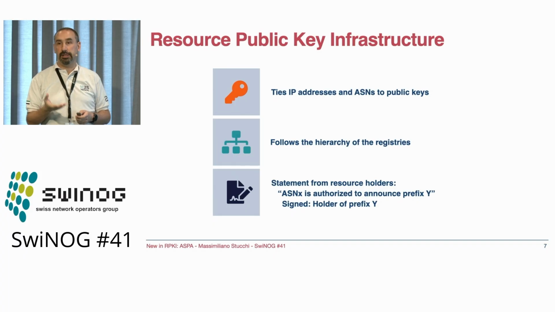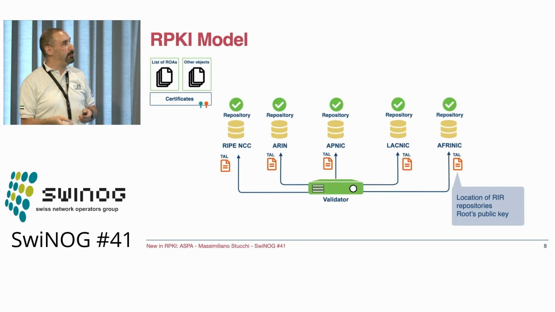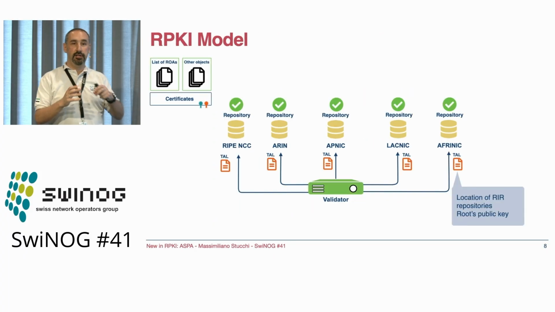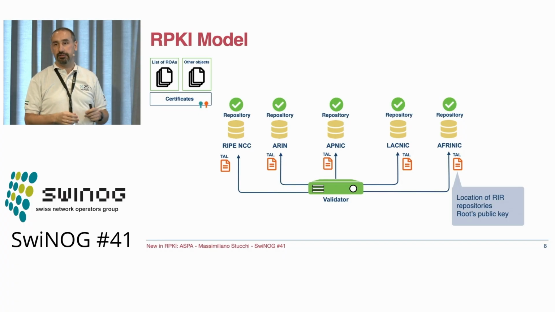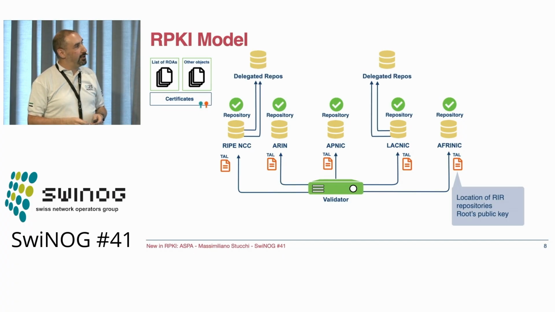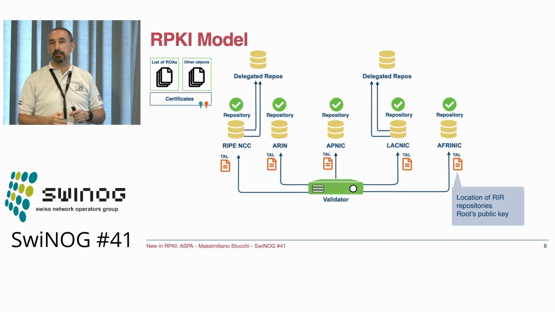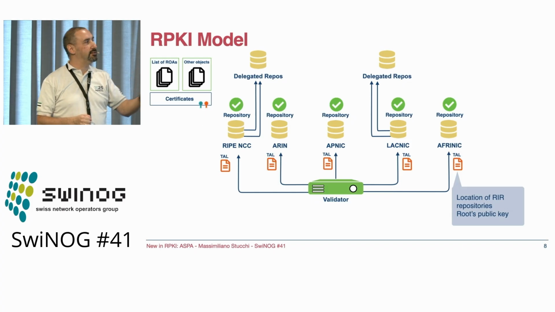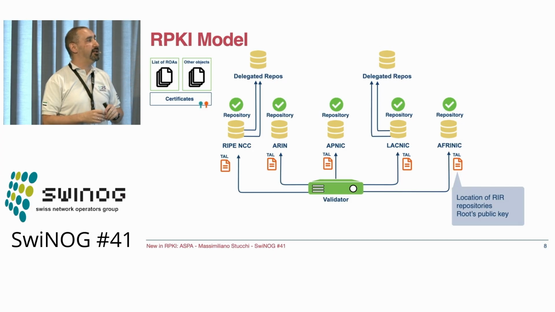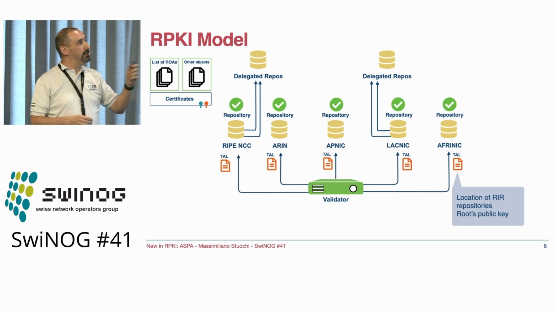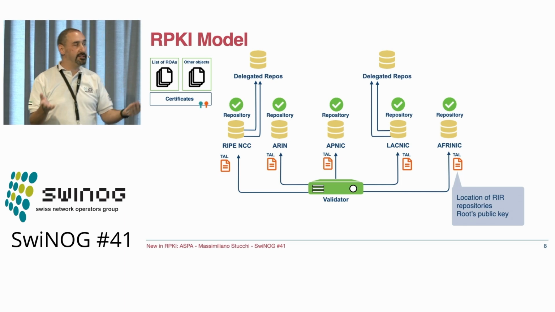So this is how RPKI started, and they built it as a framework where you have 5 entry points, the 5 regional registries. They can also have delegated RPKI, but that's a different story. And we have objects that are put into these regional registries. There are ROAs, there are others now.